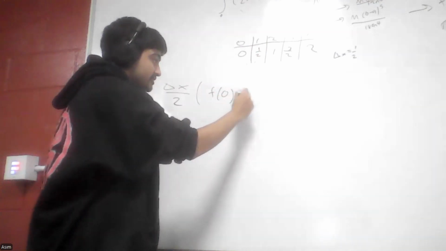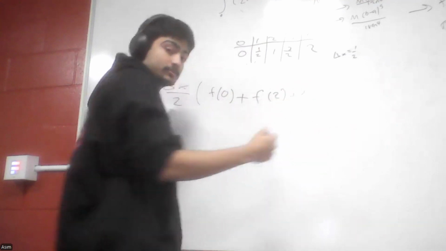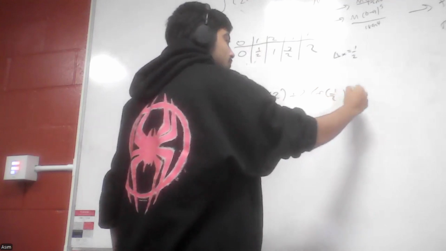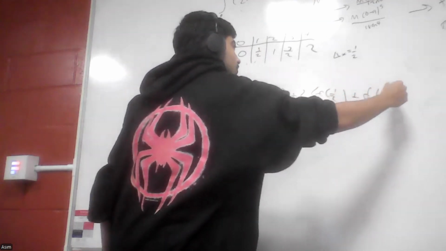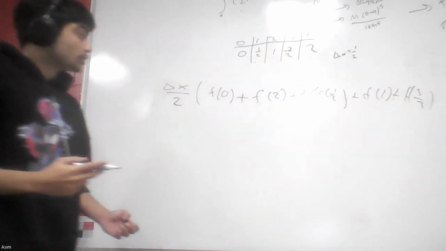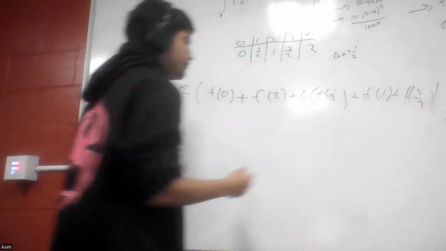So I will get f of 0 plus f of 2 plus, I'll explain why I get these, 2 times f of 1/2 plus f of 1 plus f of 3/2. All right, so how did I end up with this answer? And this should be inside of parentheses.